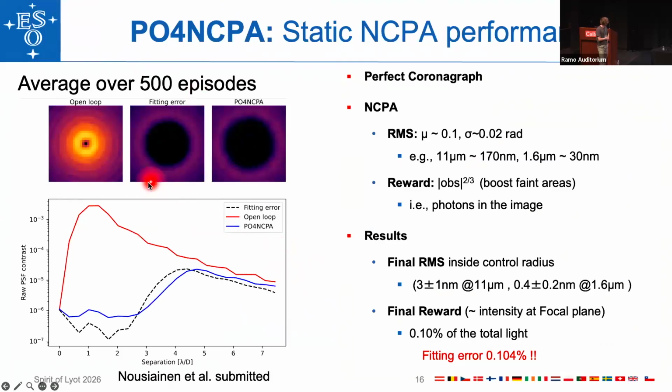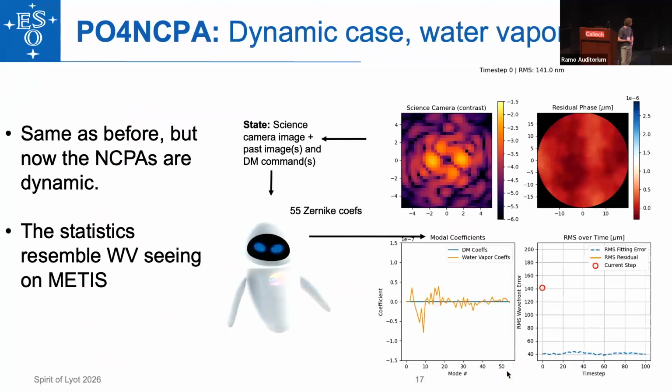What's interesting here, I think, is that we have this region where the fitting error is below the PO for NCPA, and you might think, okay, that's not good, it's not working perfectly. But here the reward function was actually the whole flux in the image, and when I combined the whole flux outside the control region, it was actually better than the fitting error. So in that respect, it was working pretty optimally.